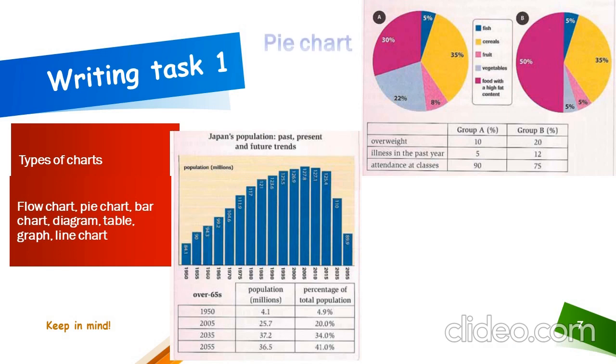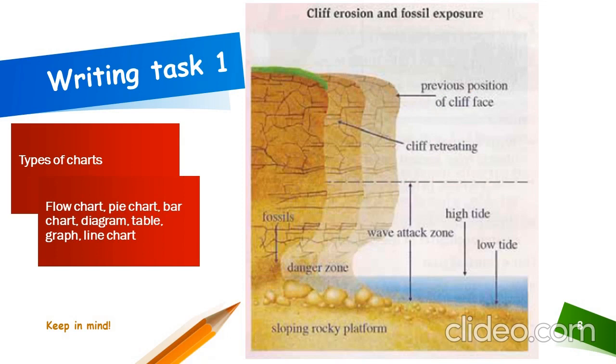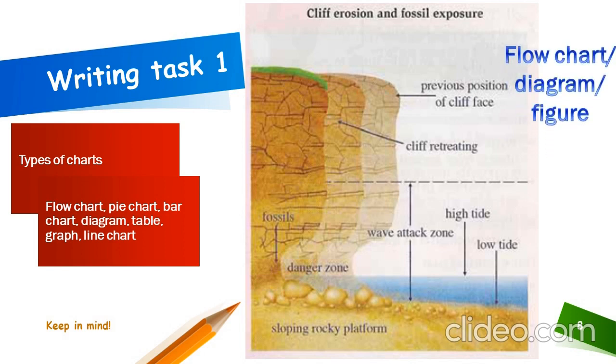So the first one is a pie chart with a table, and the second is a vertical bar chart with a table. What about this one? What kind of chart is it? You can name it flow chart, diagram, or figure.